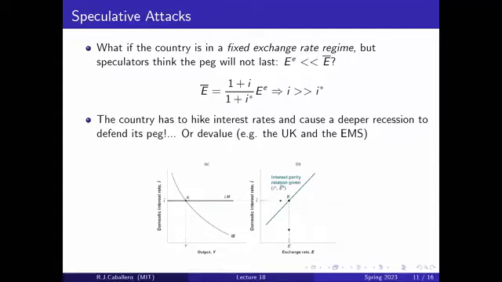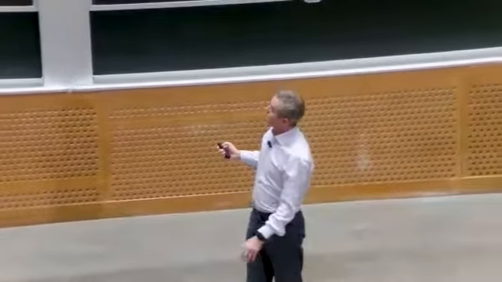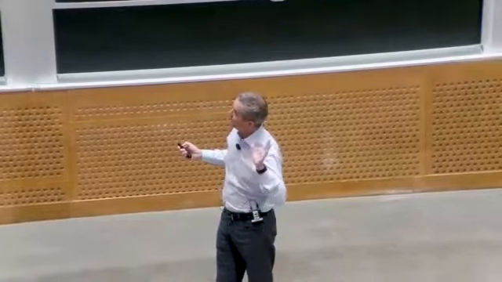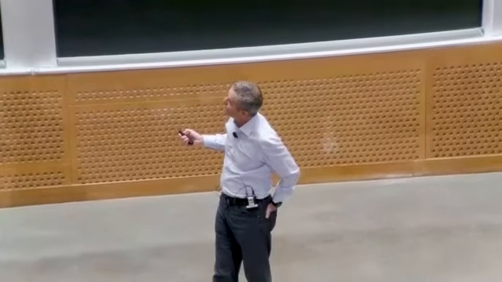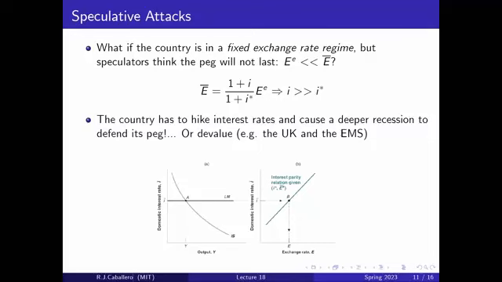Somebody speculates against your peg, but the central bank resists that for a while. But the only way you can resist that, short of closing the capital account and doing all sorts of things there, but you haven't learned about those, so don't worry, the only tool you have here to defend against a speculative attack on your currency, that is for the exchange rate not to depreciate today, is by raising interest rates. So the defense of an exchange rate causes a recession at home.